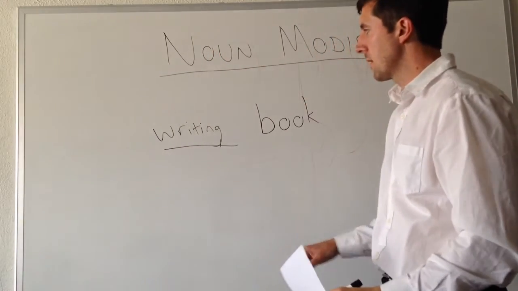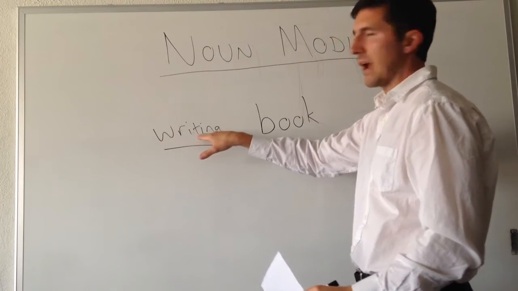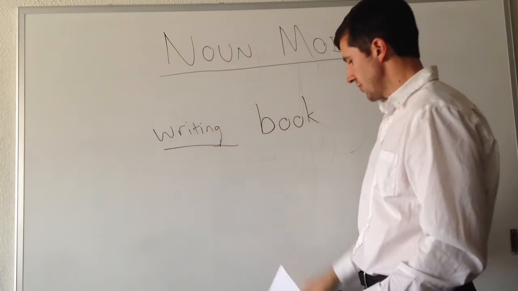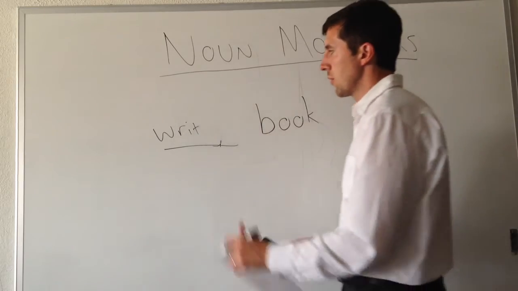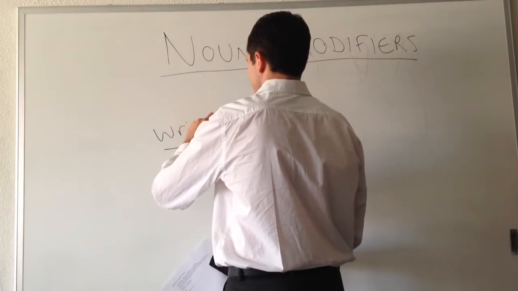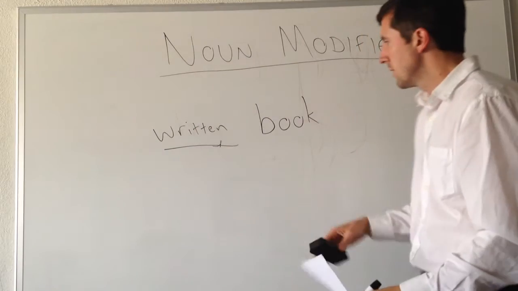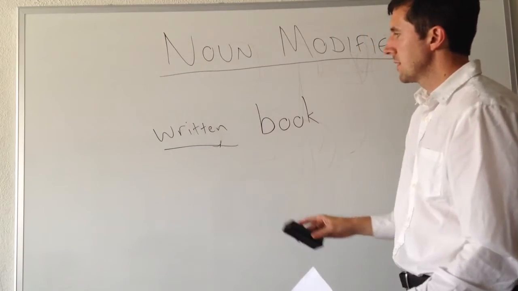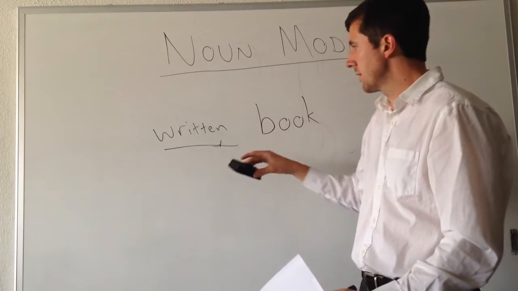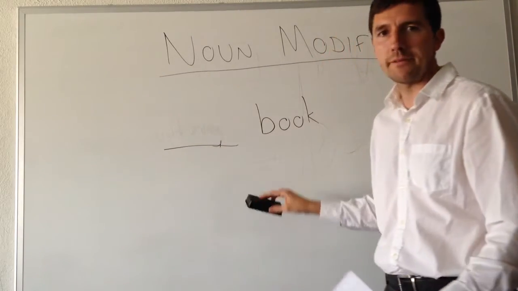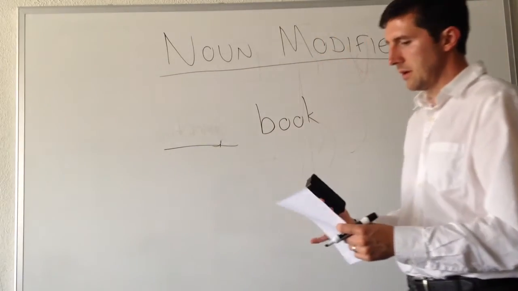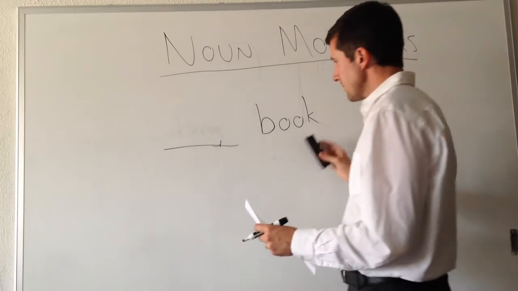A book for writing. So write is the verb, ing, or even a passive, we'll learn about that soon too, a written book. So all of these, as you can see, big book, this book, written book, all three modify book to tell you which book we are talking about.